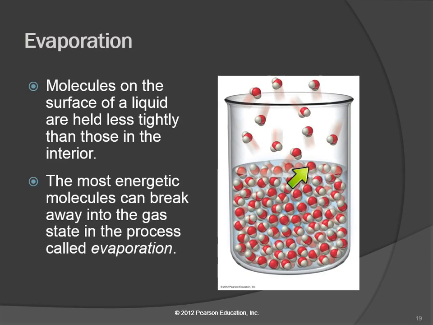So, if the intermolecular forces are weak, if the Red Rover line is weak, almost anybody can get through. And so the particles will evaporate quickly. If the Red Rover line is really strong, then only the really fast kids are going to be able to break through. And so very little evaporation will happen.